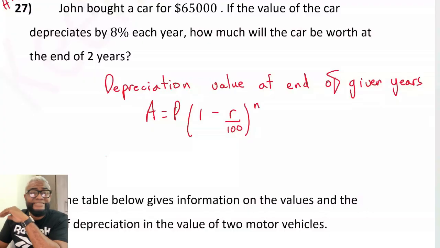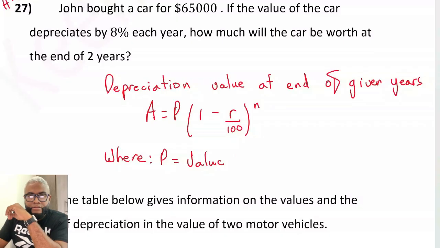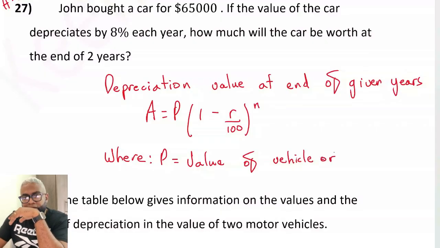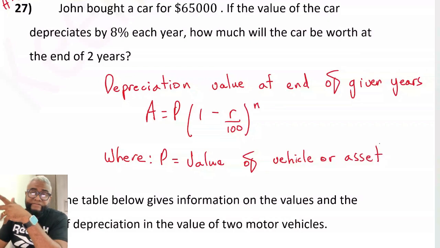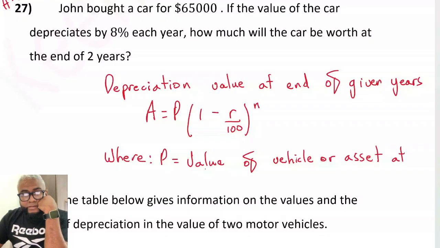So I want to write these things over because these things are so important. P is what? P is like your value. So write it over. Right, so this is the value of the vehicle or asset at the beginning, right?